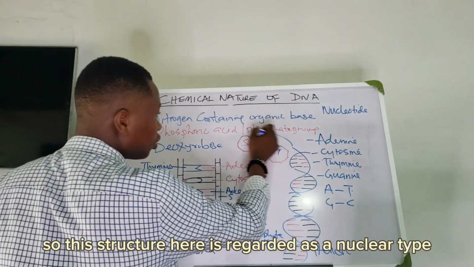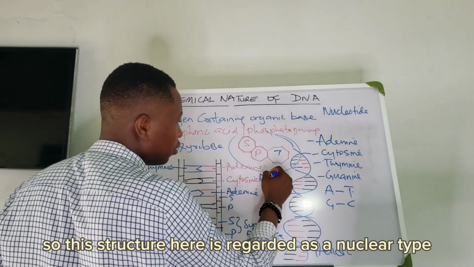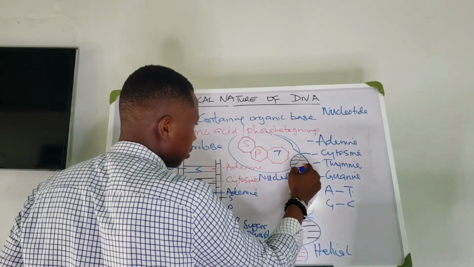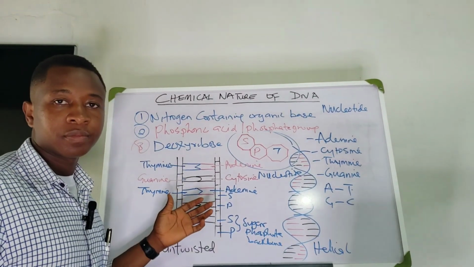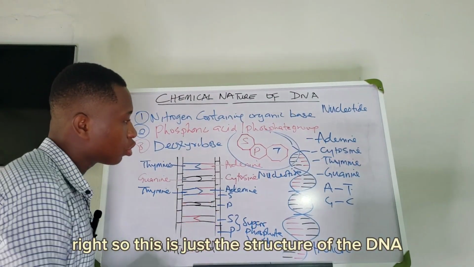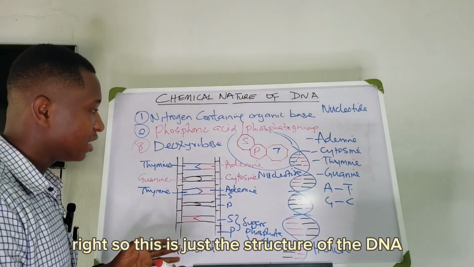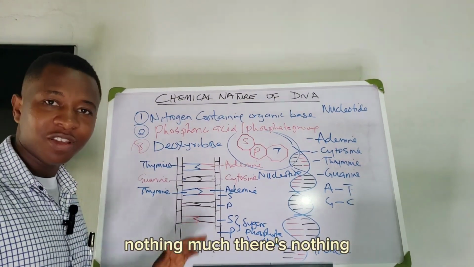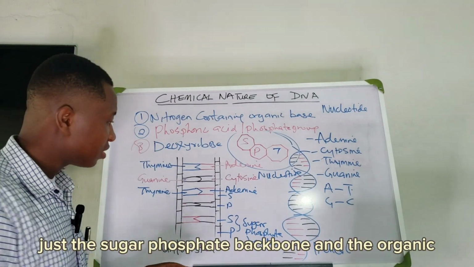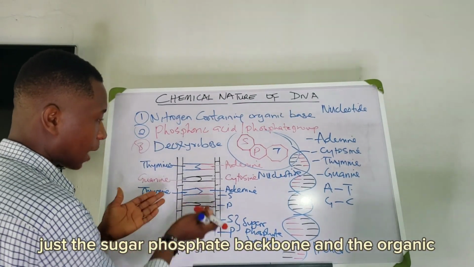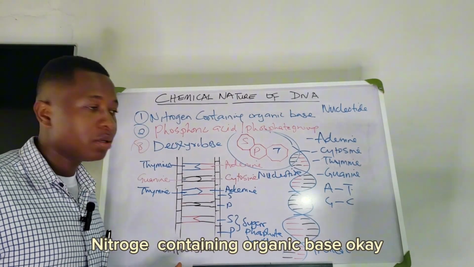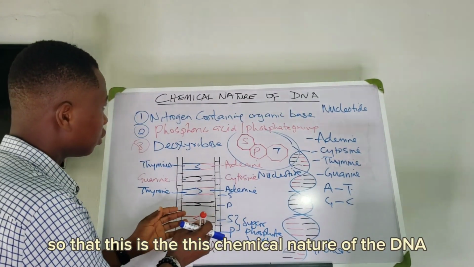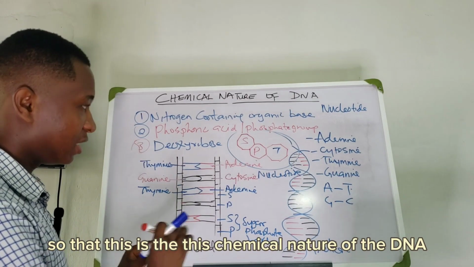Okay, so this structure here is regarded as a nucleotide, the smallest unit of the DNA. All right, so this is just the structure of the DNA, the chemical nature of the DNA. There's nothing much, just the sugar phosphate backbone and the nitrogen-containing organic base. Okay, so this is the chemical nature of the DNA.